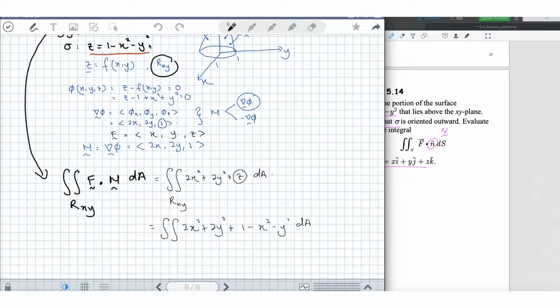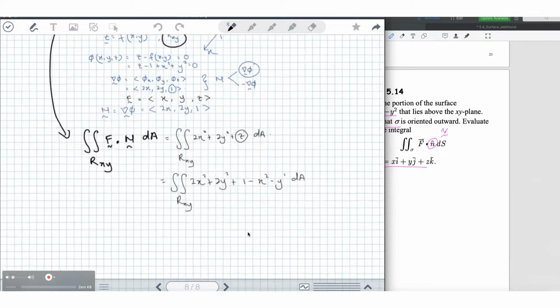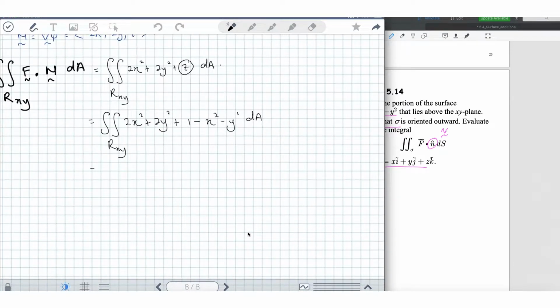Okay, now this makes sense, right? Because you have double integral and the total variables that you have here are not more than 2, x and y. Okay, then we simplify. We have x squared plus y squared plus 1 dA over the region xy.